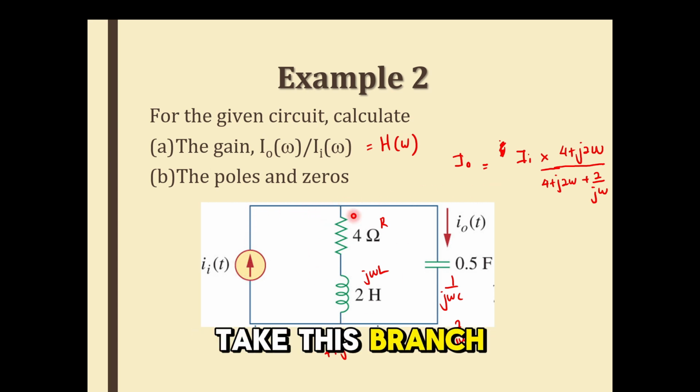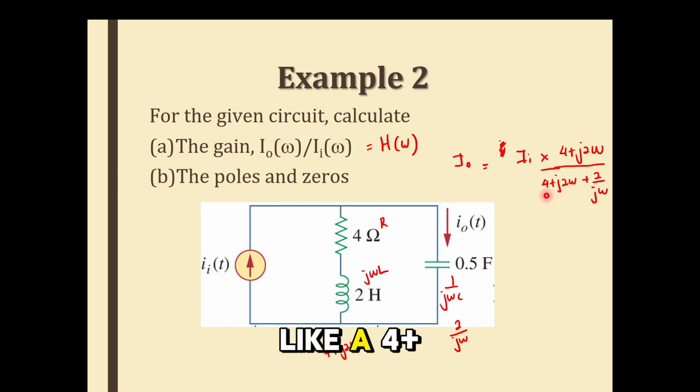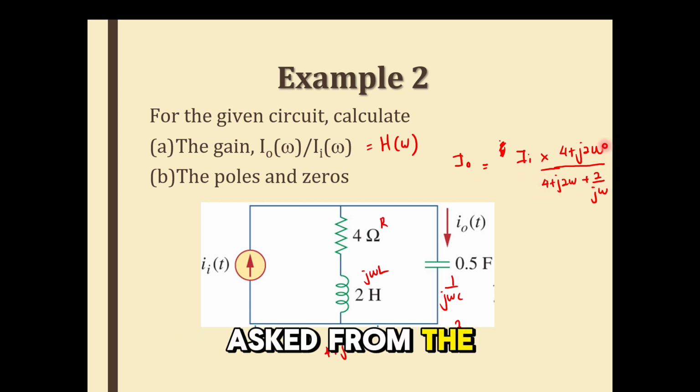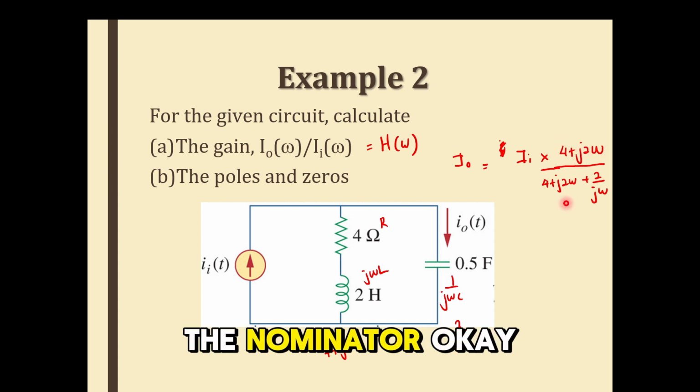I need to take this branch over the total impedance, where you have 4 plus j2ω plus 2 over jω. And Ii you can bring over here. So this is actually the transfer function asked for in the question. But as I told you before, we won't keep the jω on top of the numerator.